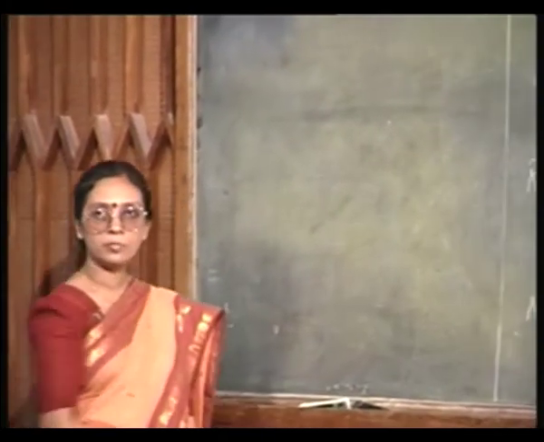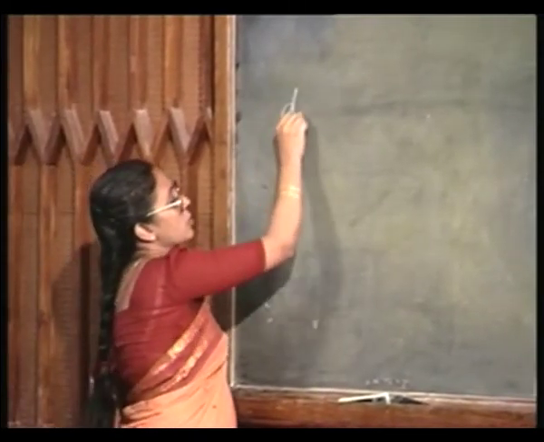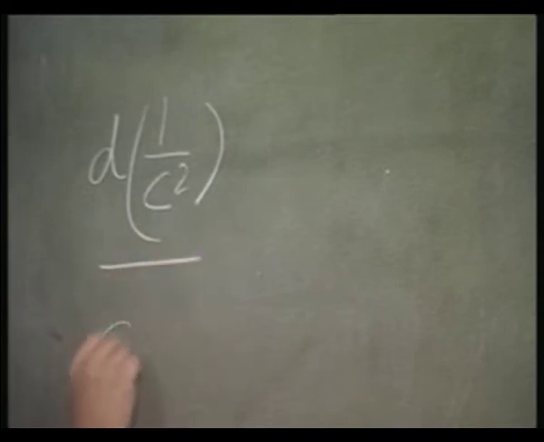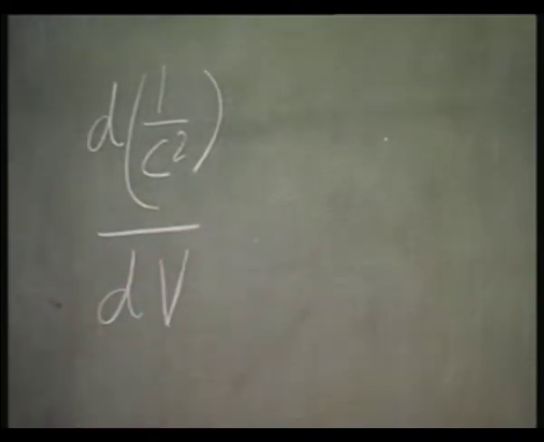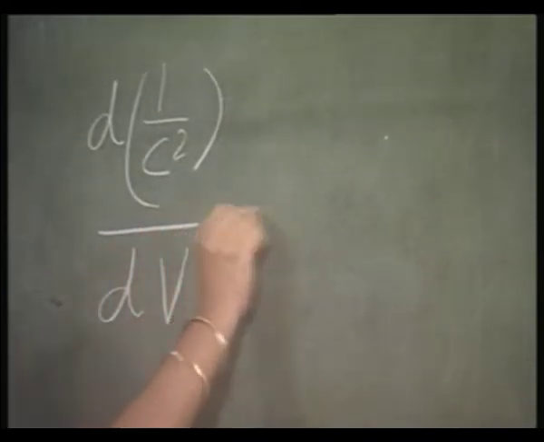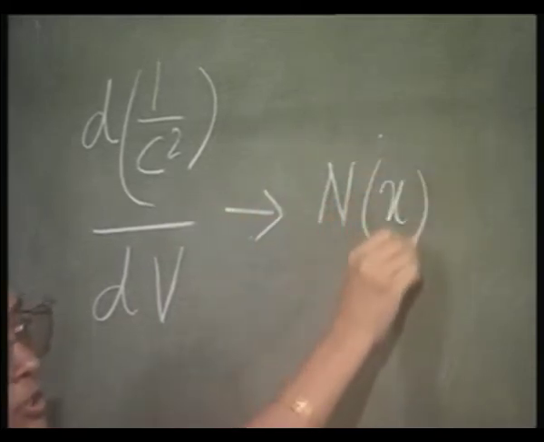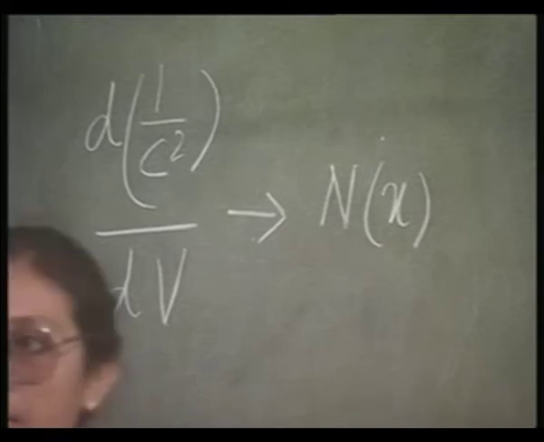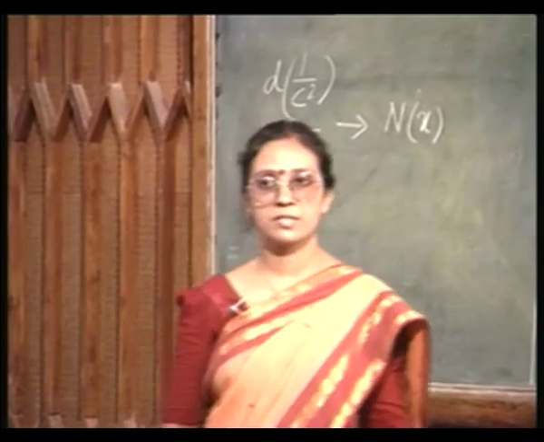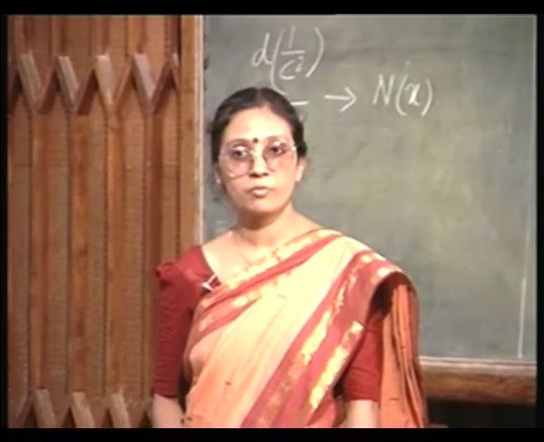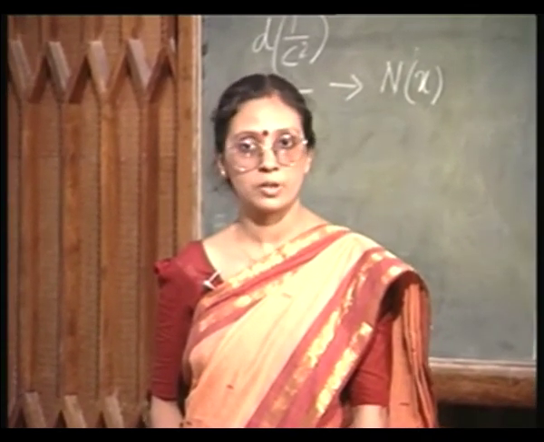and the most common practice is to plot 1 by C square versus V, which is going to be related to the doping concentration. So, very simply stating, if you plot 1 by C square versus V and it follows a straight line, the slope of that curve actually gives you the doping concentration.